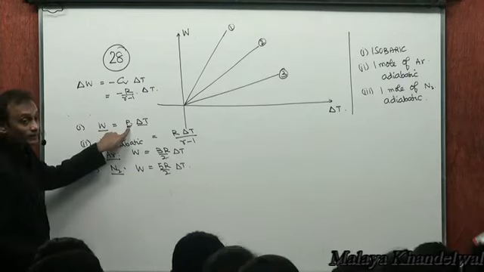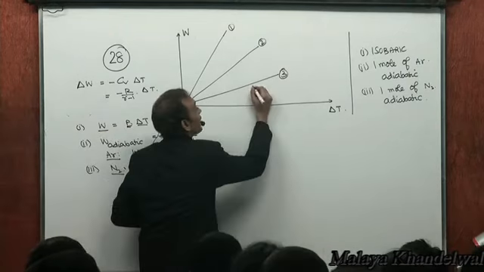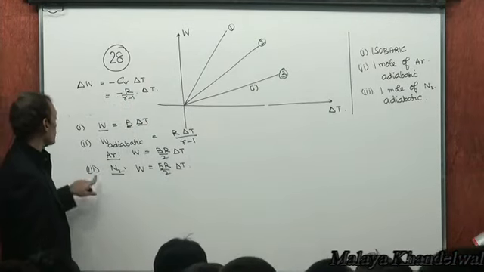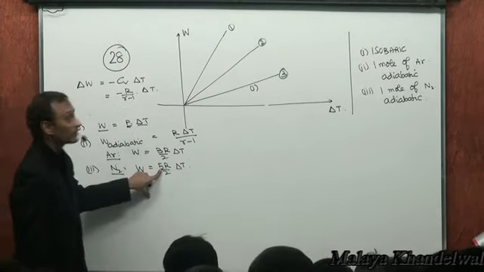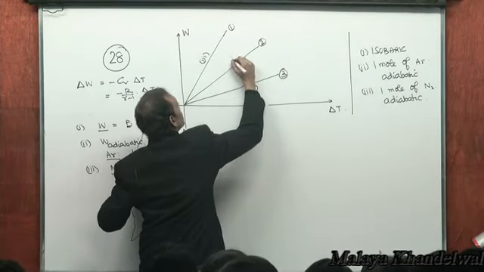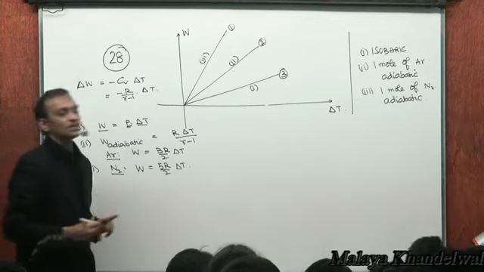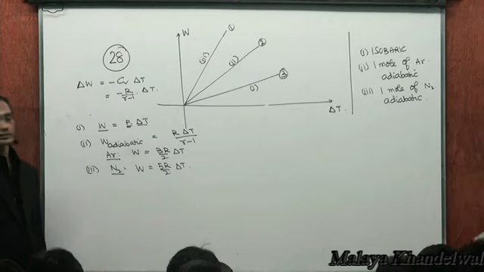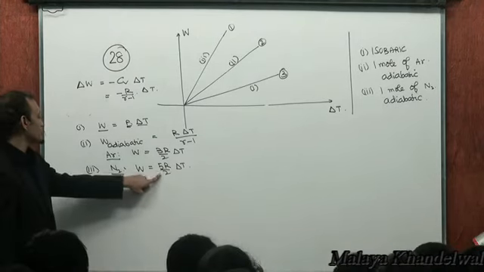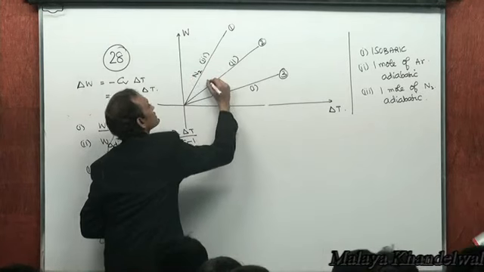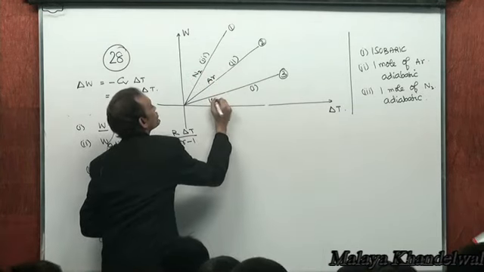This one, so that must be 1, the least slope. Which has the maximum slope? That must be 3, and this must be 2. The maximum slope is 5R by 2, that's for nitrogen. So this is the nitrogen adiabatic, this is the argon adiabatic, this is isobaric.